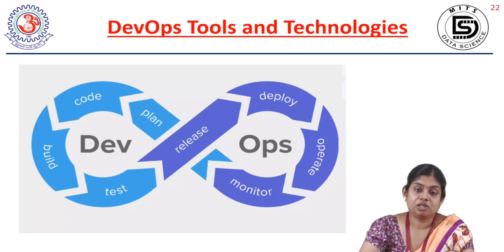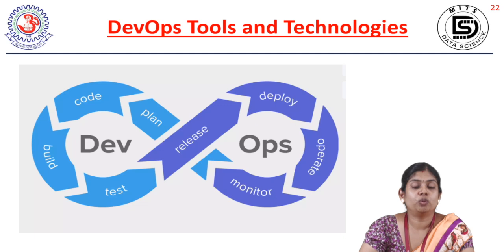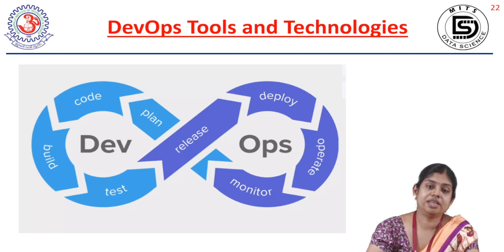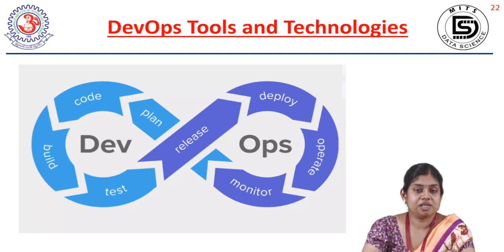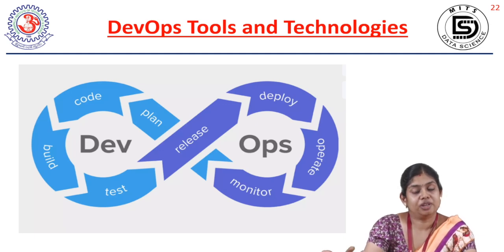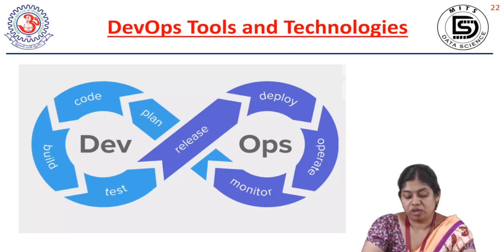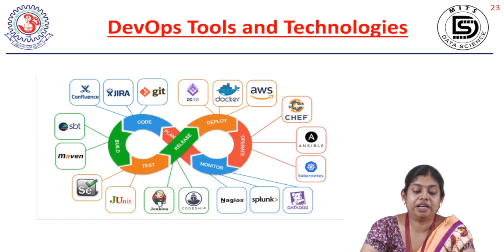So this is a cycle of operations where everything is done in parallel. All these people must be kept together in an environment, on a platform, so that everyone communicates with each other to make the product deliverable faster and with quality.